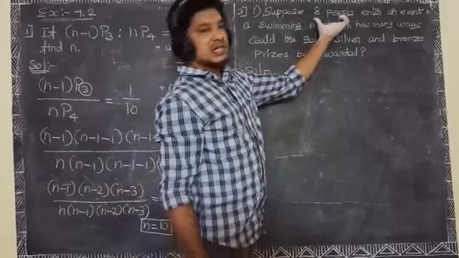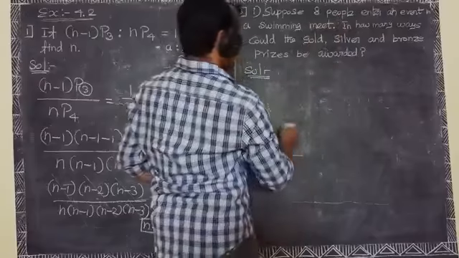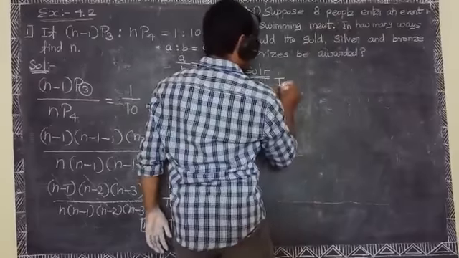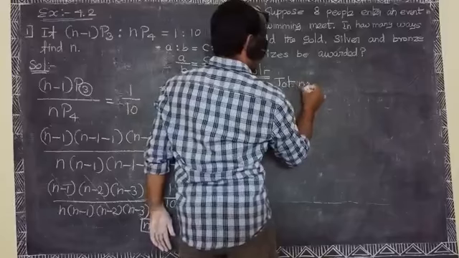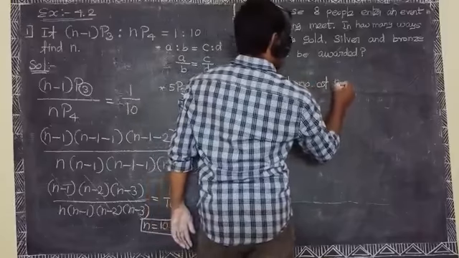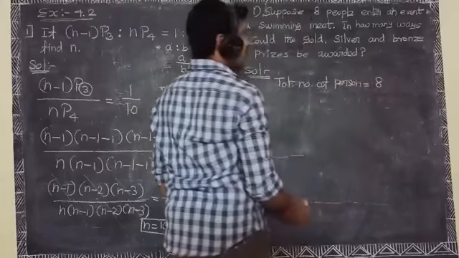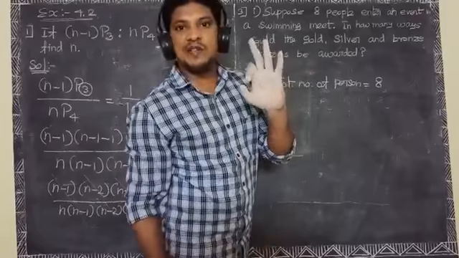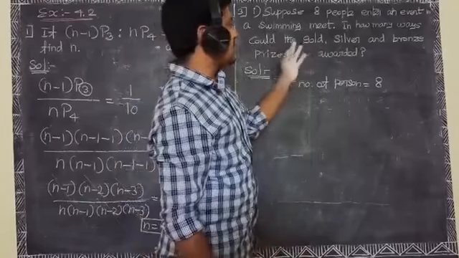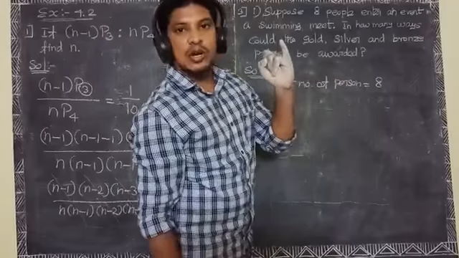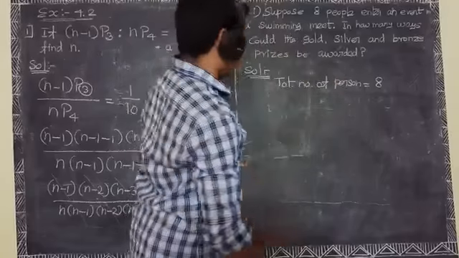Total number of persons equal to 8. There are 3 types of award: gold, silver and bronze.